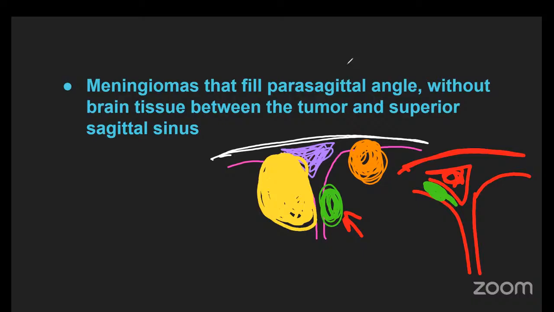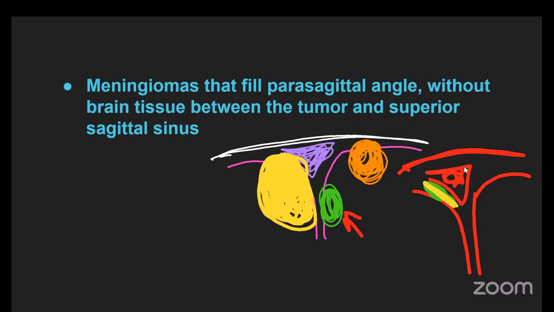But as far as I know, it would still be qualified as a parasagittal meningioma with a falcine component. So any meningioma that fills the parasagittal angle, this space here, without any intervening brain tissue between the tumor and the superior sagittal sinus, will ideally be defined as a parasagittal meningioma. Let's move to the next slide.